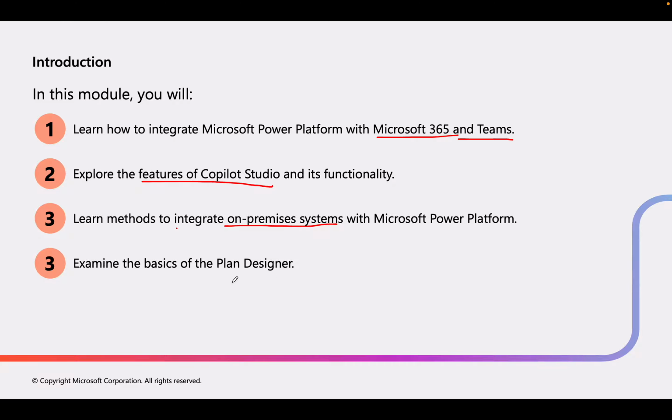The last one, this should be the 4, right? The last one is the Plan Designer, which is just like you may use the Copilot to design some plan for you.